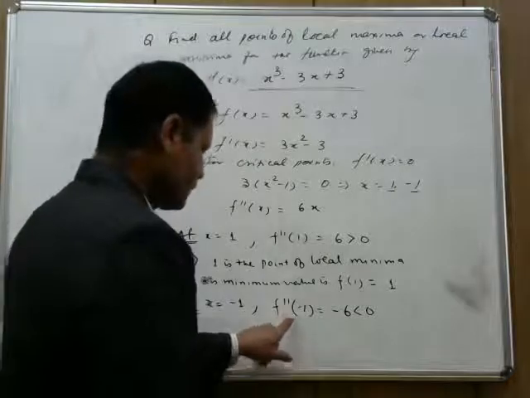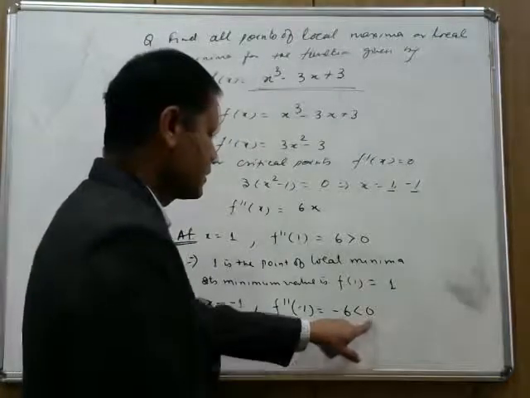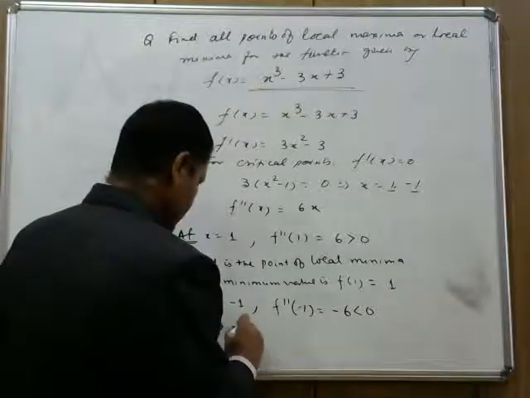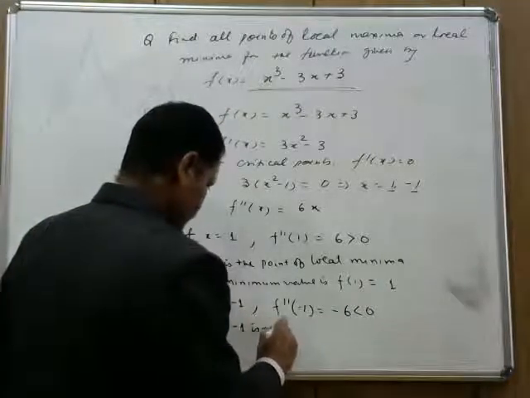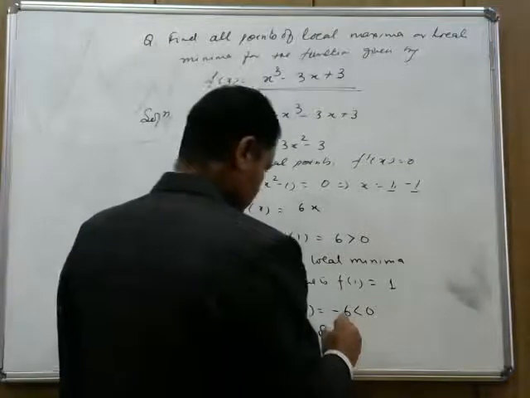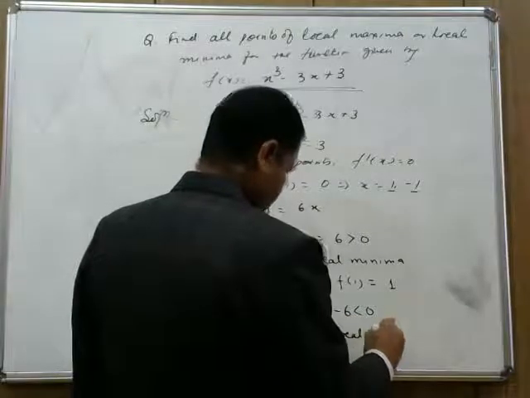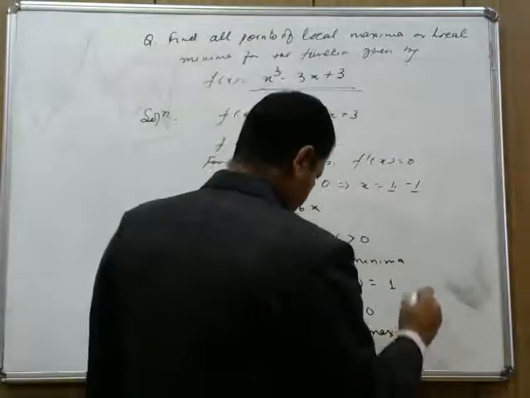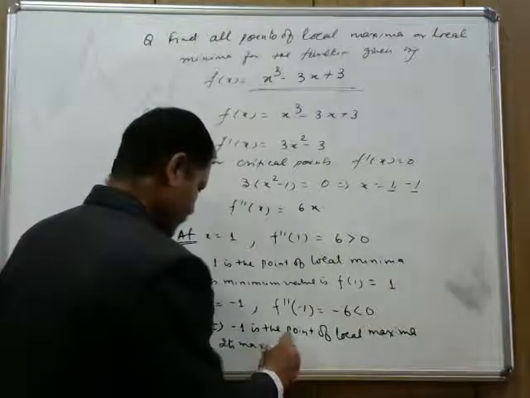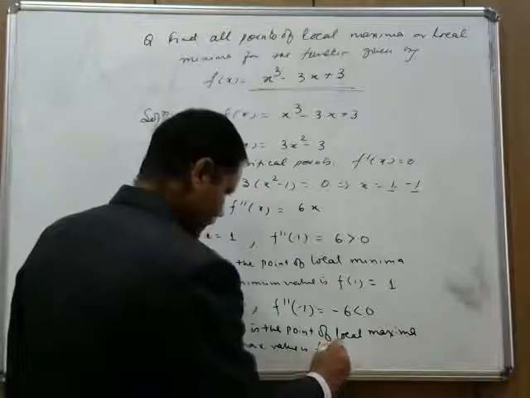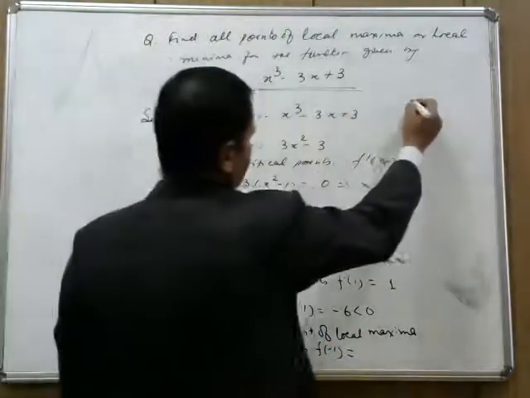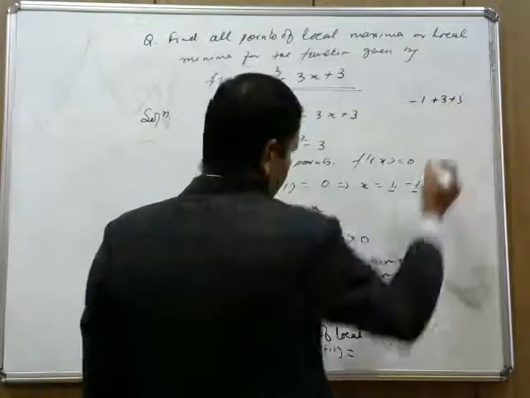So it implies that minus 1 is the point of local maxima, and its maximum value is f of minus 1, which is minus 1 whole cube minus of minus 3 plus 3, giving you 5.